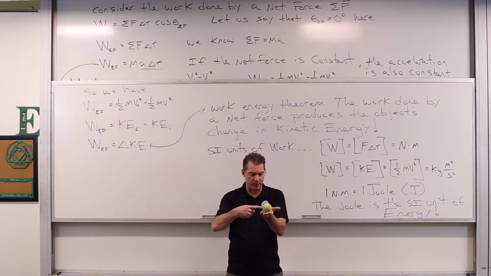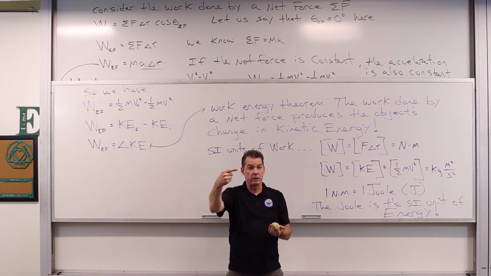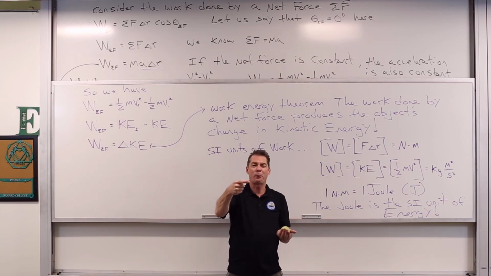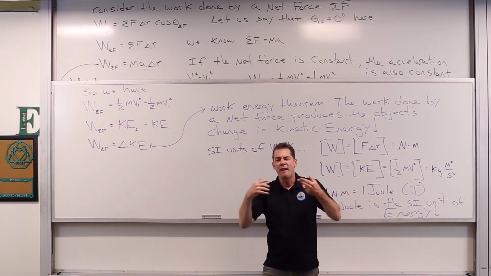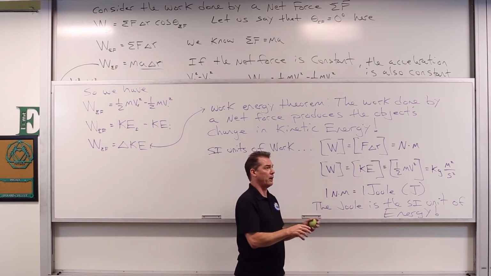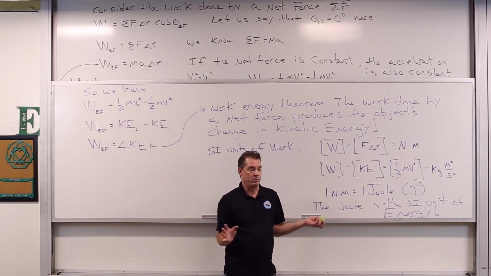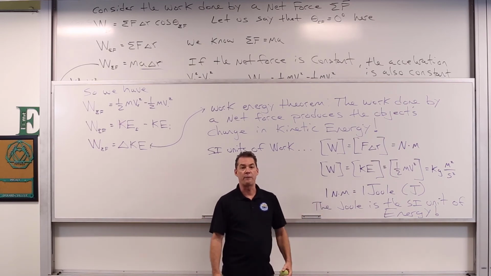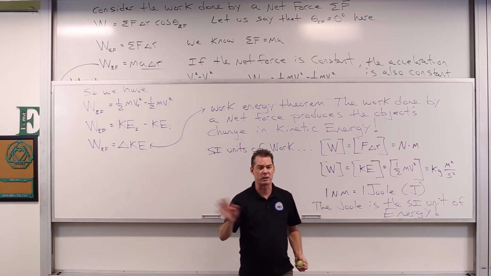So if I'm pushing on something but it goes up, well, this force here is doing no work because there's no displacement of this object in the direction of that force. That's why we have that dot product. If you push on something one way and it goes perpendicular to the direction you're pushing, then guess what? You're pushing for nothing because you're not affecting its motion unless it's being redirected with pulley systems and all sorts of stuff like that.